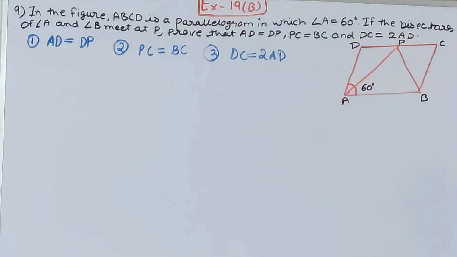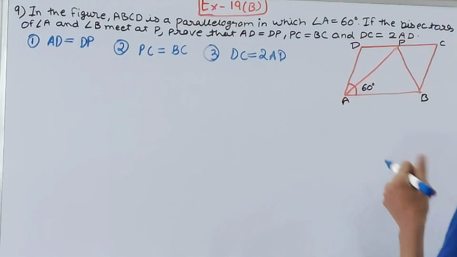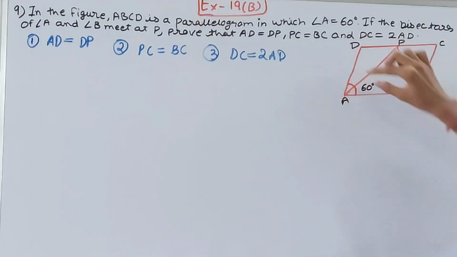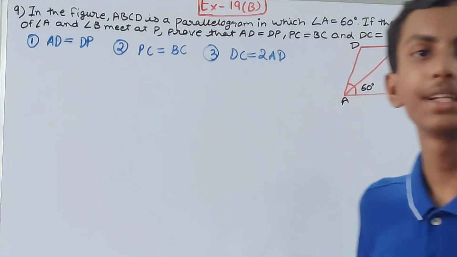Look, in this figure you can see ABCD, it's a parallelogram, and angle A is given as 60 degrees.